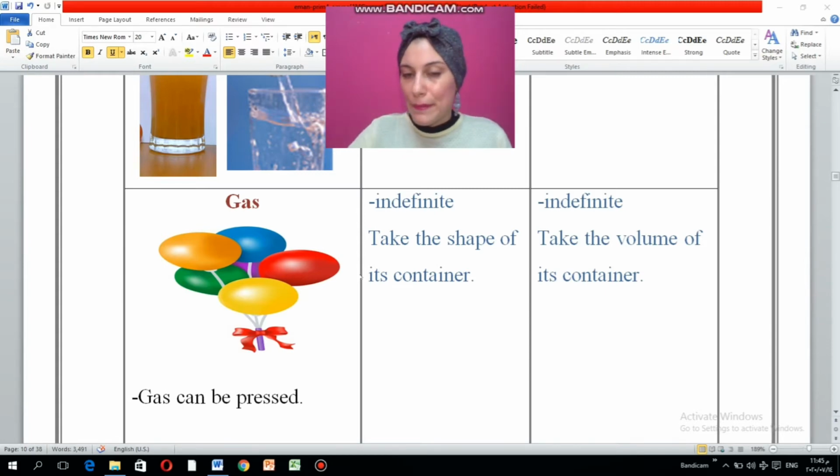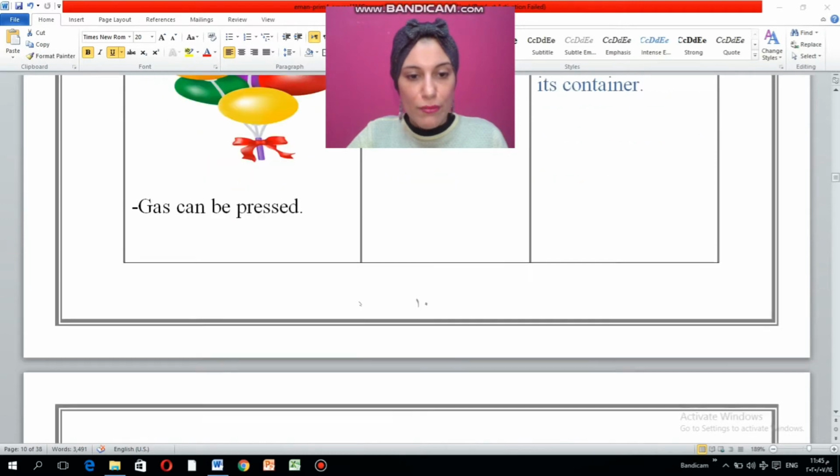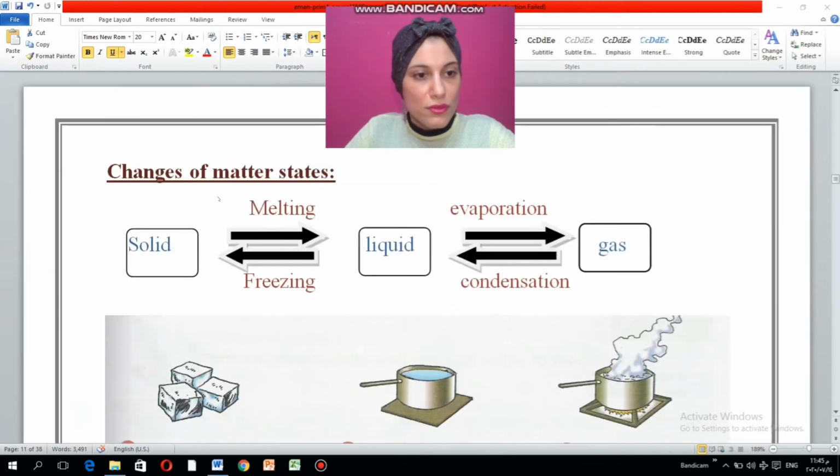Okay, let's take another part of the lesson. Changes of matter states. In this part we want to know how the solid changes into liquid and the liquid changes into gas, and then we go back: the gas changes into liquid and the liquid changes into solid.